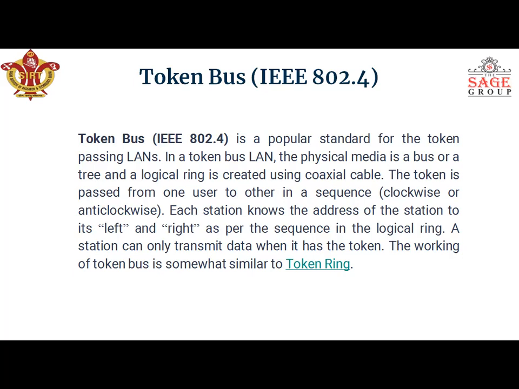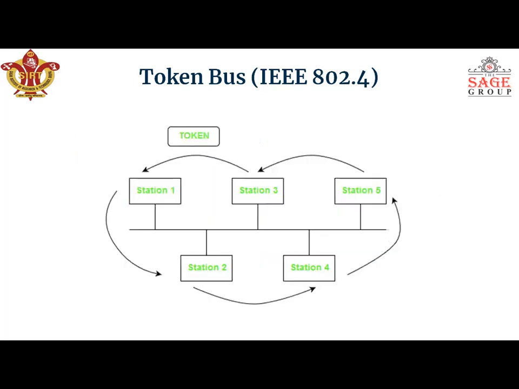The working of token bus is somewhat similar to the concept of token ring. Here in this diagram, we can see there are five different stations: station 1, station 2, station 3, station 4, and station 5. They are sending data in the anti-clockwise direction, or we can also send data in the clockwise direction.